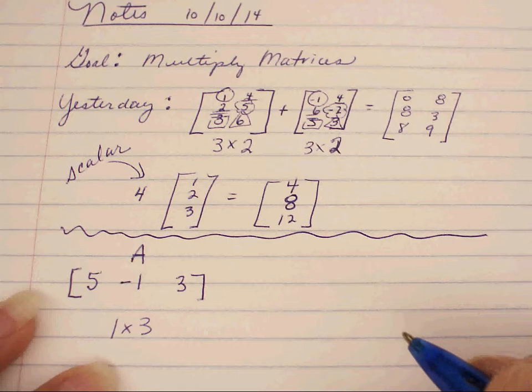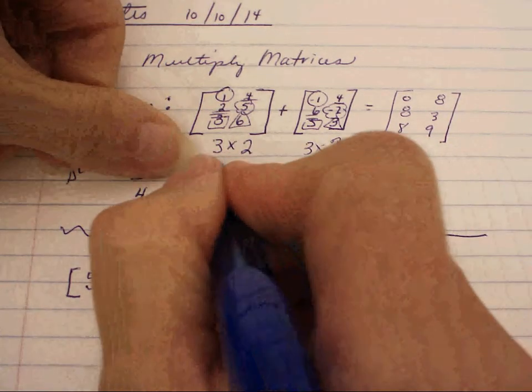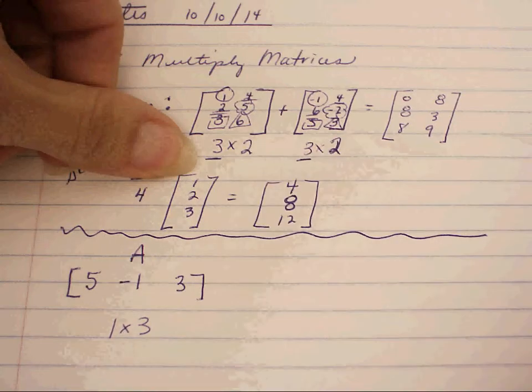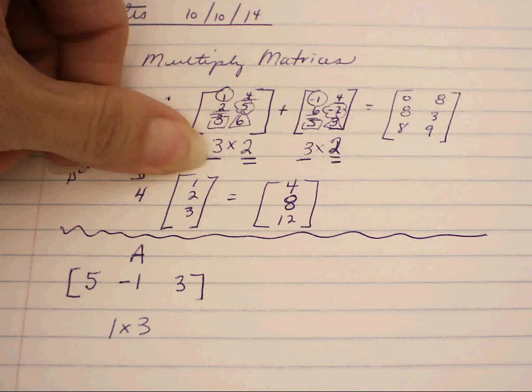Good. Perfect. Now, when you multiply matrices, there has to be a certain set of rules, just like yesterday. When you add them, the number of rows have to match, and the number of columns have to match.